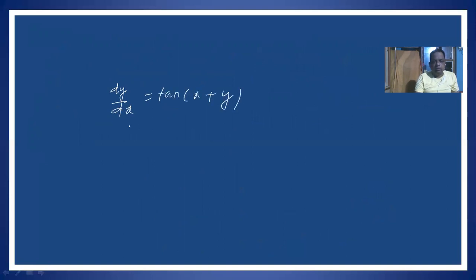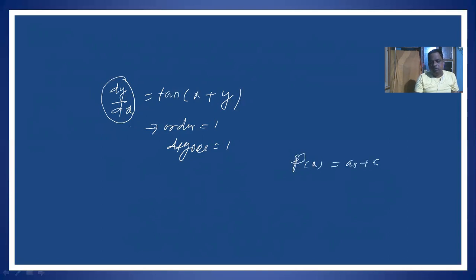Here the highest order derivative is 1, so order equal to 1, and the degree is also 1, because the differential coefficient dy by dx is a polynomial expression. We all know that a polynomial p of x can be written as a0 plus a1 x plus a2 x square, like this, which is a polynomial of order 2. Here the differential coefficient is a first order polynomial.